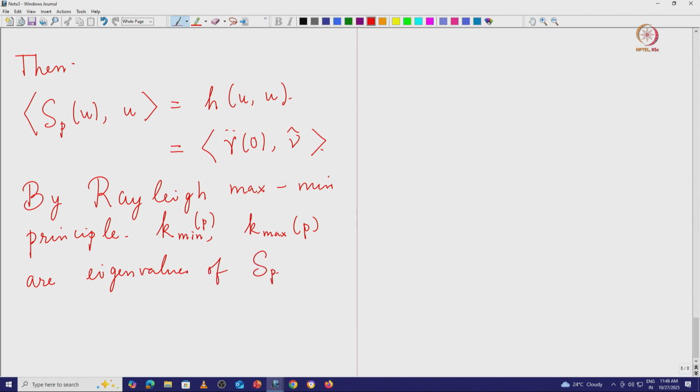So that is essentially the Rayleigh max min principle. So then it follows that the Gauss curvature, which we know is the determinant of S_p, is simply given by the product of these two because these are the eigenvalues. Okay. So that completes the proof of the proposition.